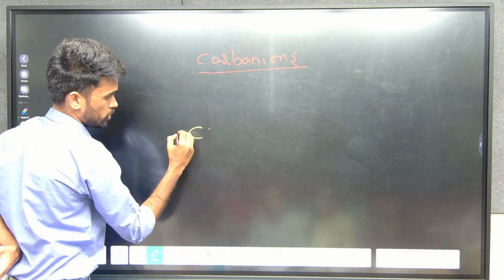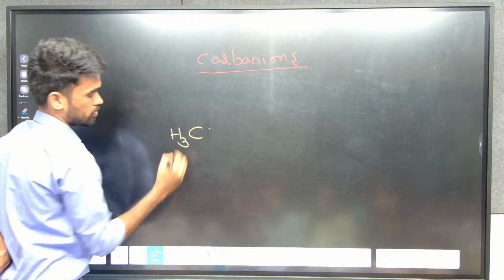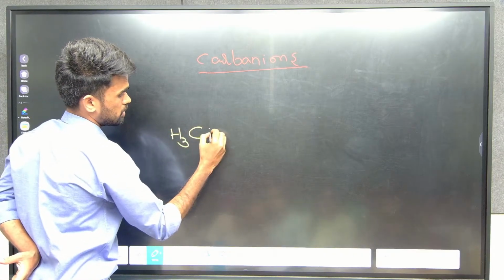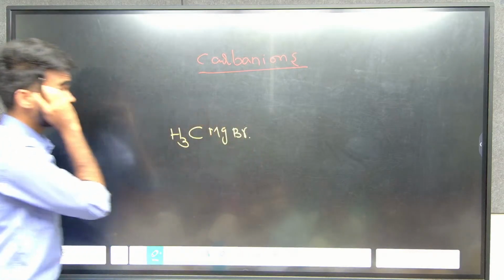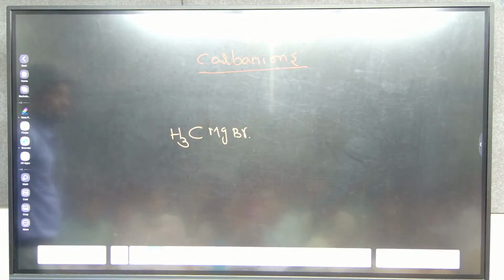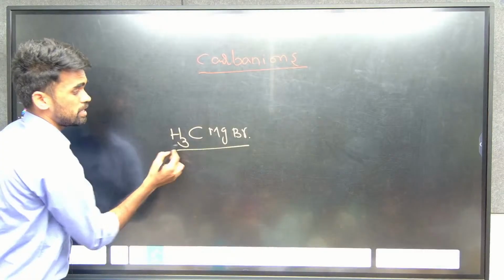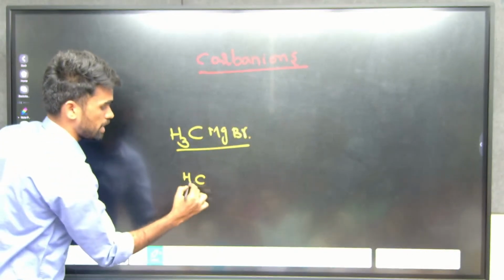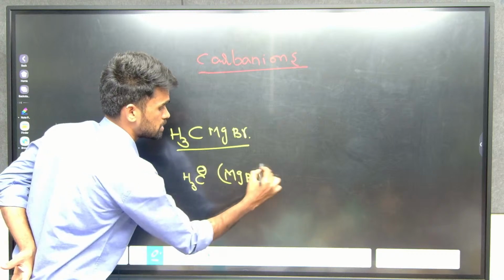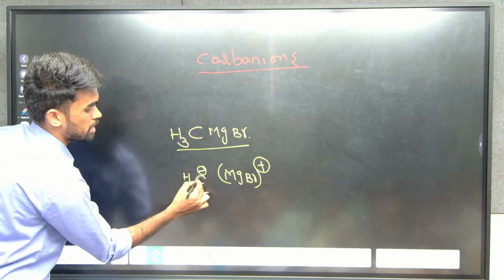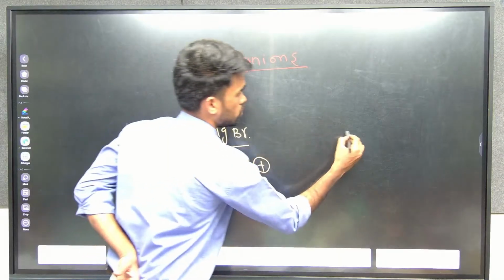See here what I am doing: CH3 with MgBr I am writing. See how it will dissociate: CH3 minus and MgBr plus. So what is the charge present on the carbon? You can write it.